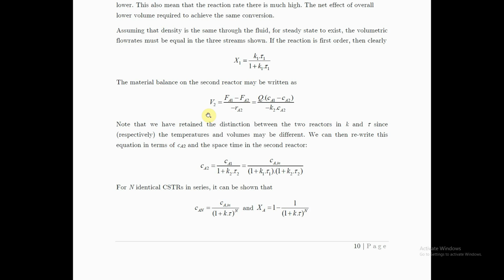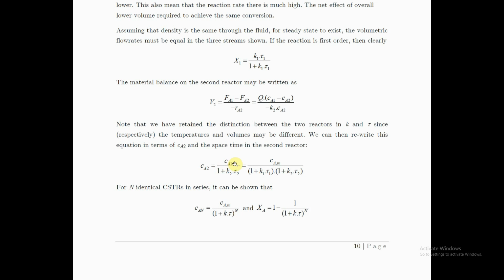So V2 over Q, I can call that a tau 2. So I can say tau 2 equals the stuff, and then let's multiply this denominator by that, and then group out for Ca2. So if you do that, and please do these mechanics yourself, you'll find this form.